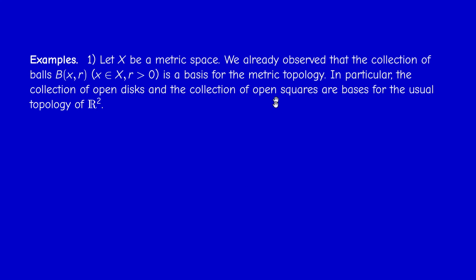Because open disks are open balls for the Euclidean norm. But as you know, we have other norms or other distances on R2. We have the one norm and the infinity norm. And we know that the open balls for the infinity norm and the one norm are actually open squares, as you know from first year and second year as well.